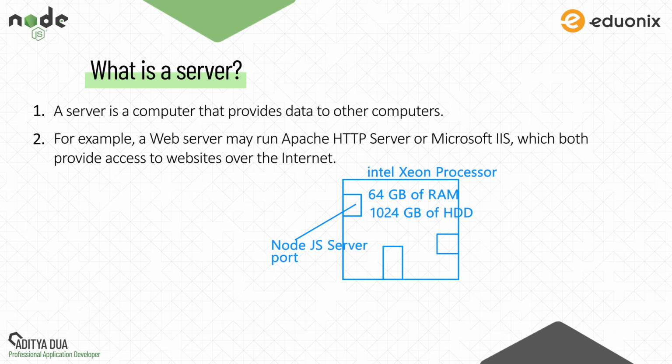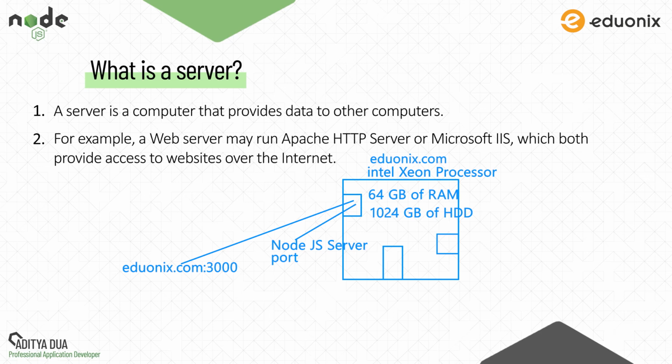Imagine that the name of this server is something like Eduonix.com. If I have to call Node, I will pass the full name of the server, Eduonix.com colon 3000, which means that this request will now go to the Node server. Make sense, guys?